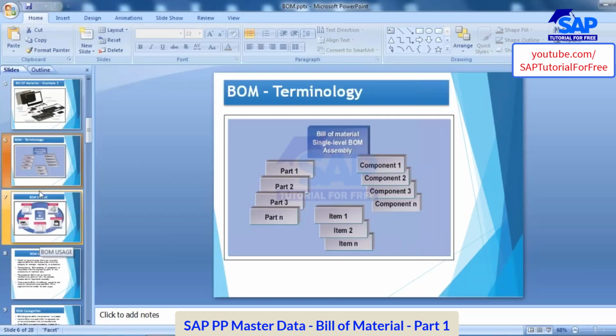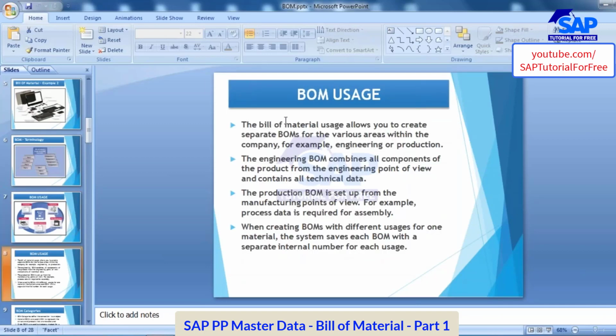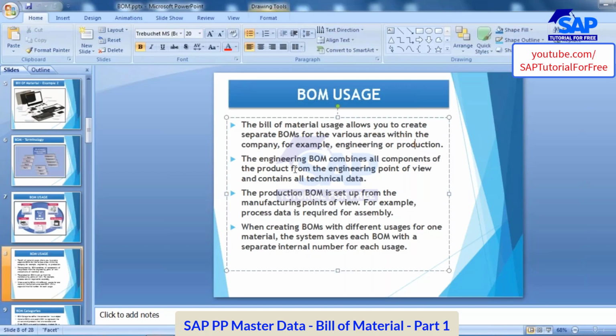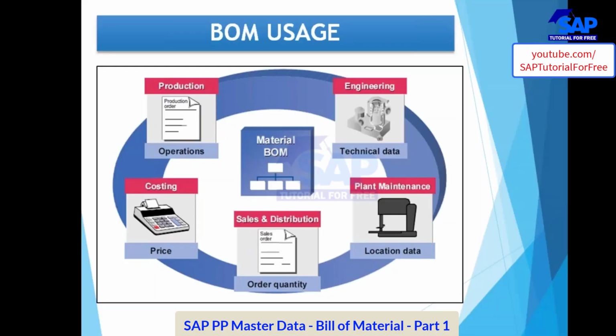Now we need to start with BOM usage. What is BOM usage? The BOM usage allows you to create separate BOMs for the various areas within the company, for example engineering or production. Basically, for the same material you can create different BOMs to use in different areas of the organization.